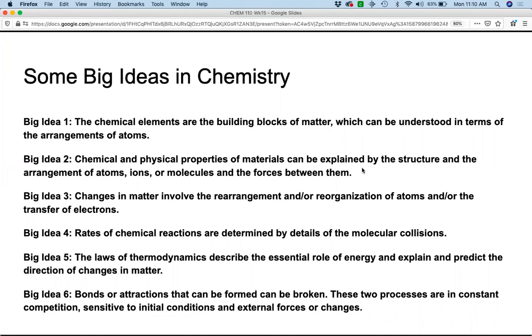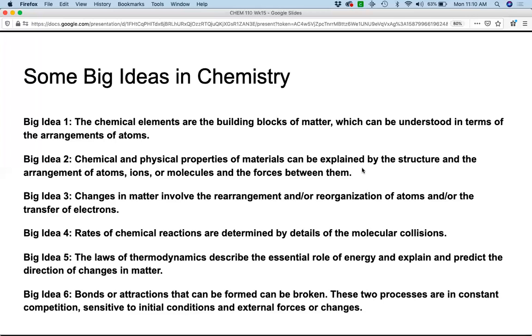That any changes in matter are going to involve some type of rearrangement and/or reorganization of the atoms, or the transfer of electrons. And then that the rates of chemical reactions are going to be determined by the details of the way those molecules collide. So these aren't static, they move. And it's the way that they move that changes how they react with each other.